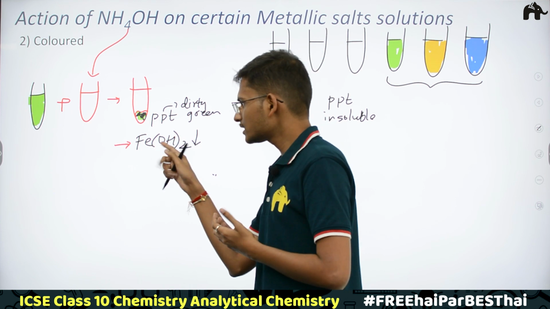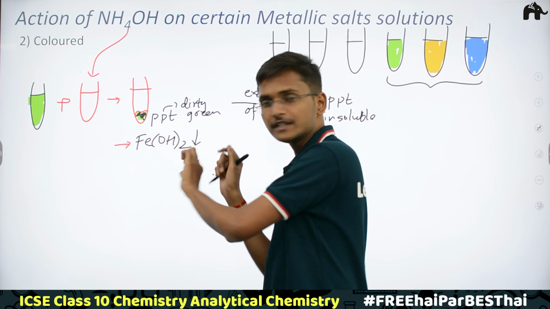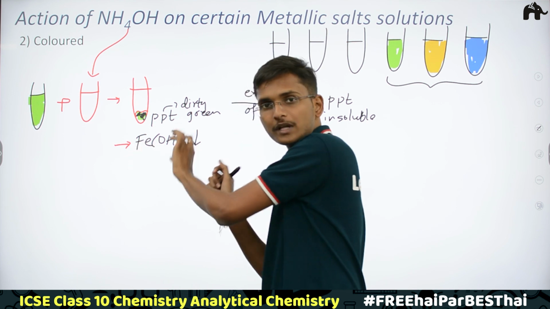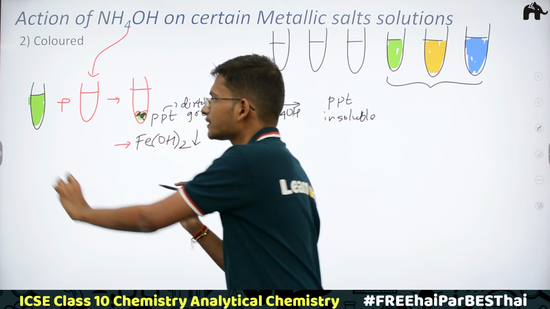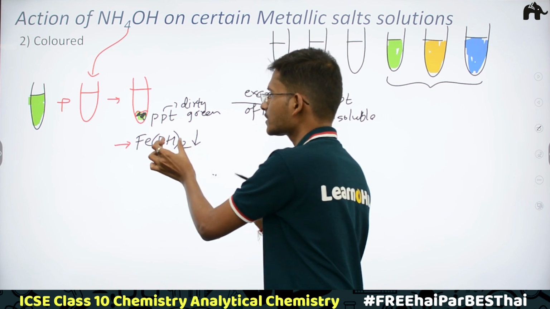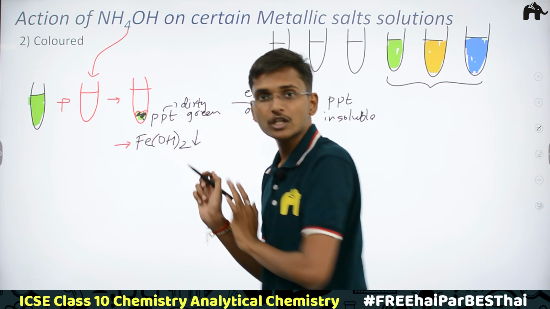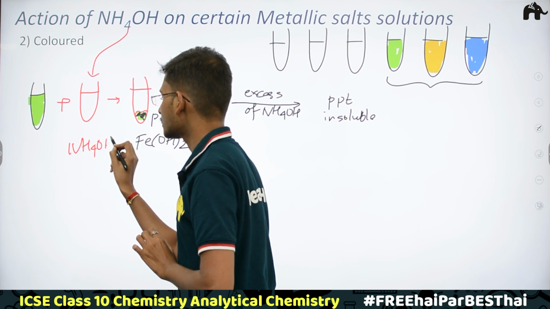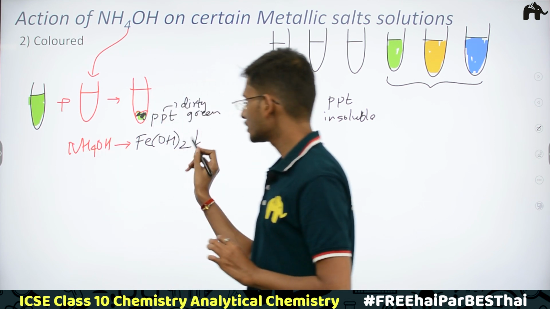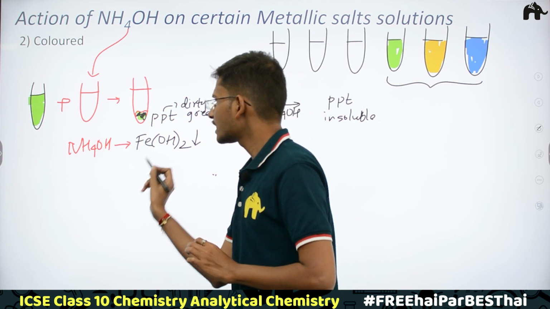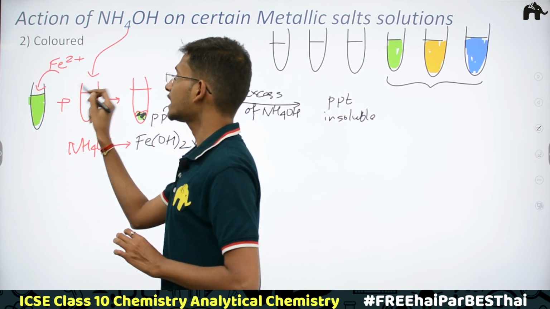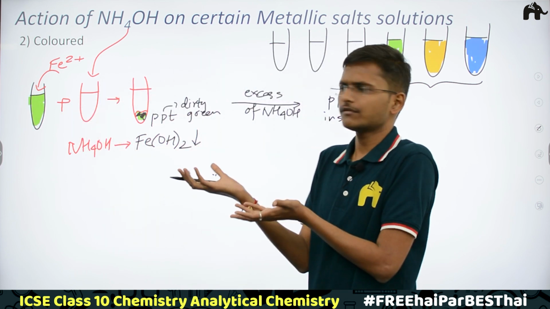This means that in ferrous hydroxide, Fe2+ is present, right? So this Fe2+ is coming from the metallic salt solution, and the OH minus ions are coming from the ammonium hydroxide solution, NH4OH, okay. This means our metallic salt solution has Fe2+ ions. We have figured it out, right?